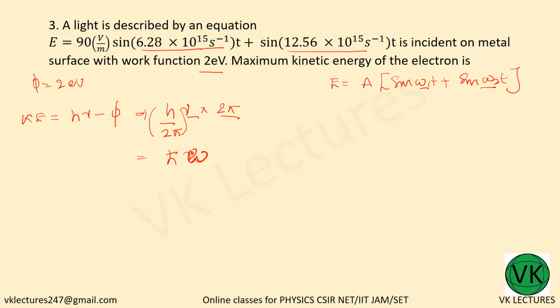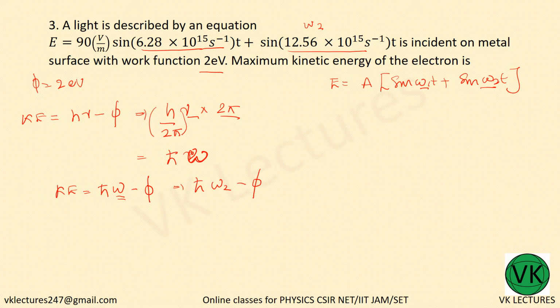So the kinetic energy we can write as h cross omega minus phi. Now if this omega is greater, kinetic energy will be more. So let us find out which is greater, omega 1 or omega 2. Omega 2 is this one, so omega 2 is greater. So we can write kinetic energy is equal to h cross omega 2 minus phi.